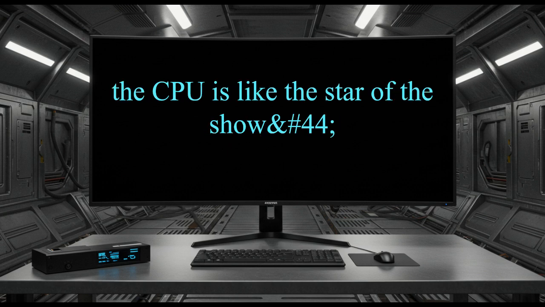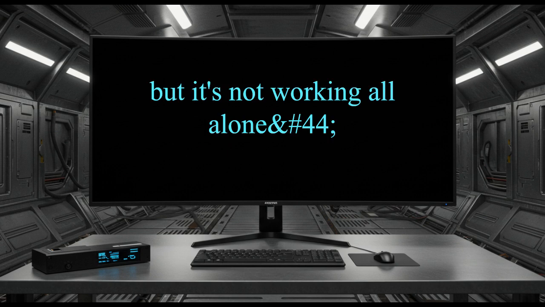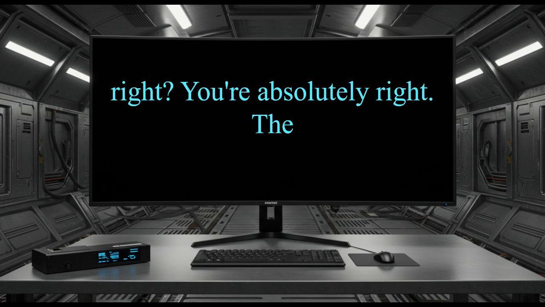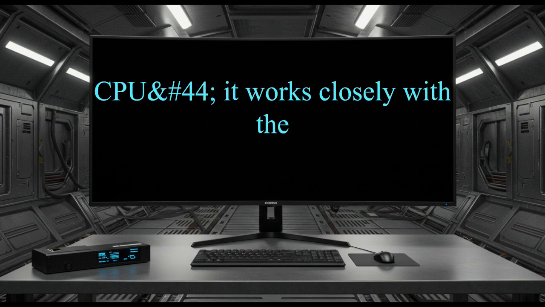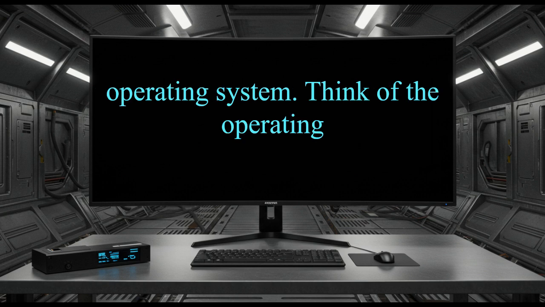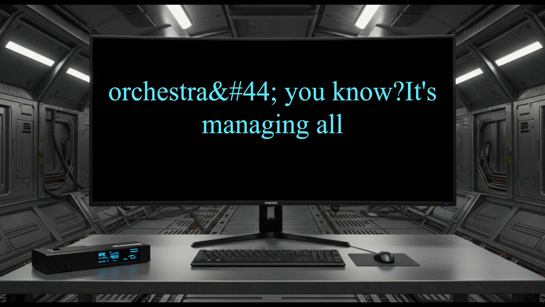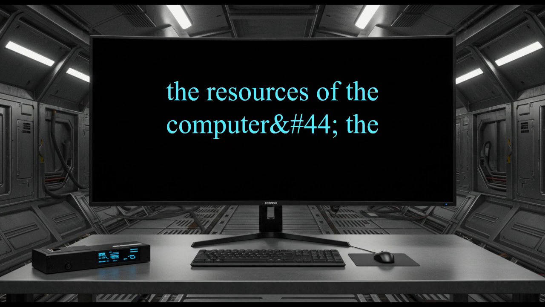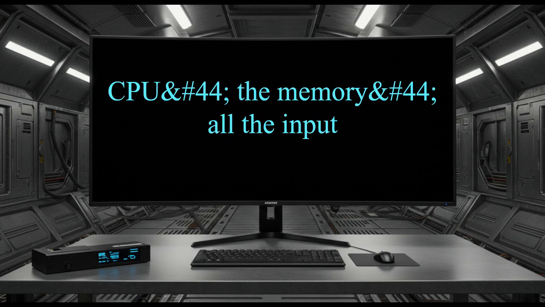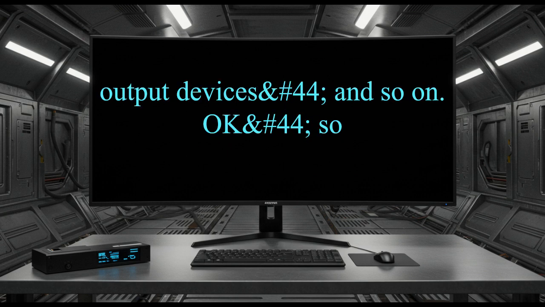Okay, so the CPU is like the star of the show. But it's not working all alone, right? You're absolutely right. The CPU works closely with the operating system. Think of the operating system like the conductor of an orchestra. It's managing all the resources of the computer, the CPU, the memory, all the input-output devices, and so on.